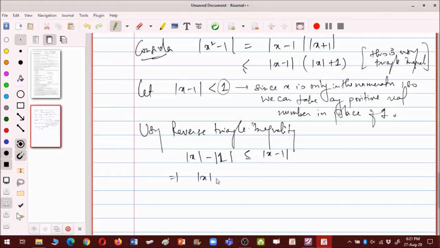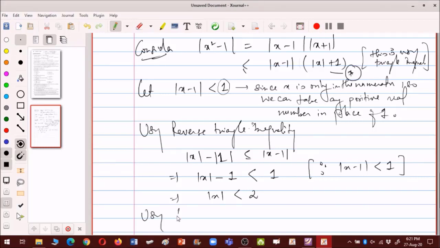This implies |x| - 1 is less than 1. Since |x - 1| is less than 1, it implies |x| is less than 2. Now I can use this in star.